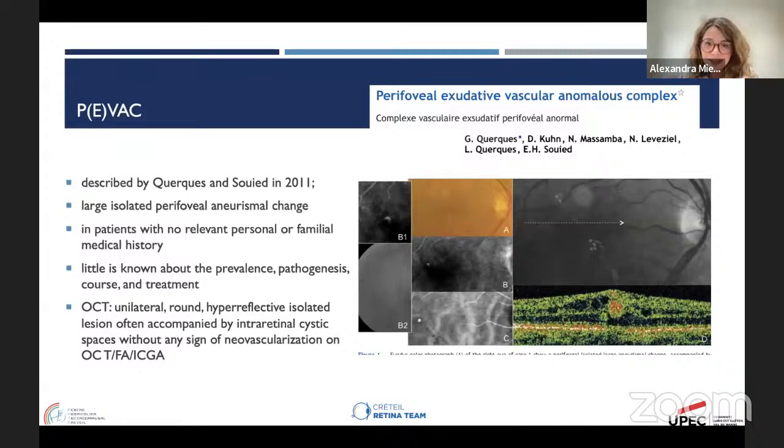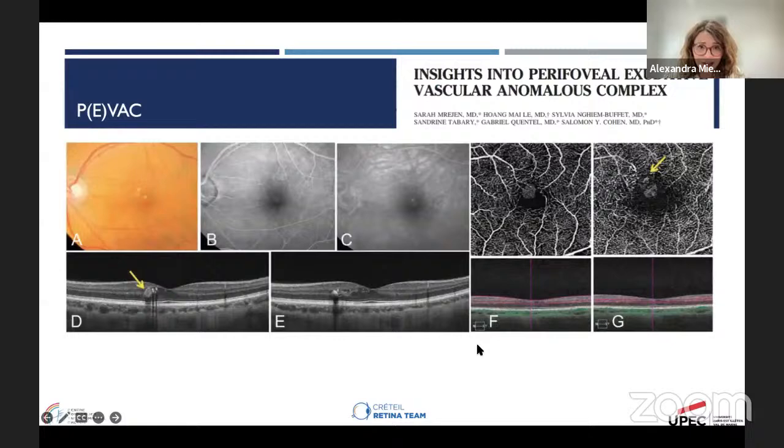And the classical aspect on OCT is that they have this aneurysmal aspect with round hyperreflective walls and usually a hyperreflective inner part, and they are accompanied sometimes by intraretinal cystic spaces. When we perform, however, fluorescein angiography and ICG, there is no sign of neovascularization.